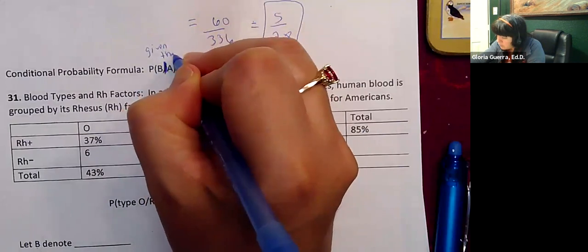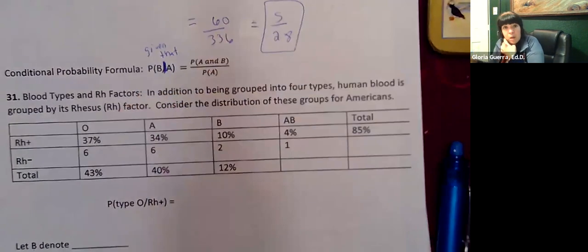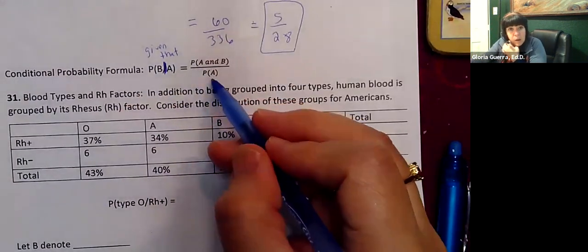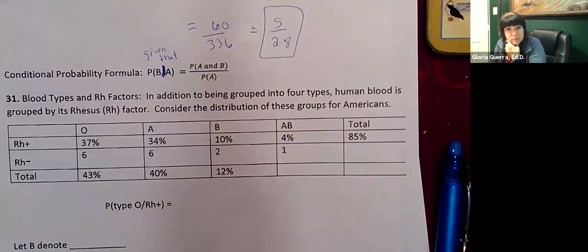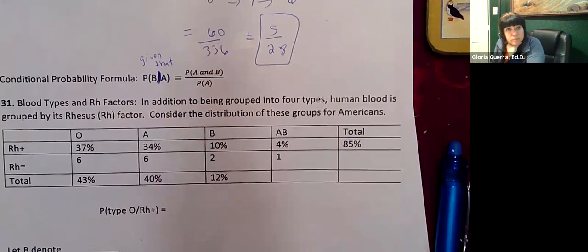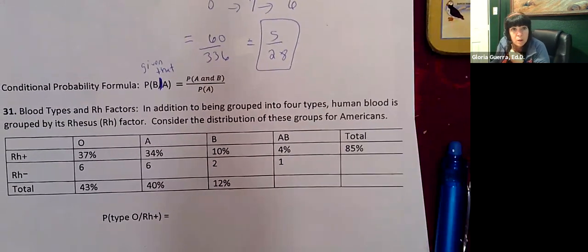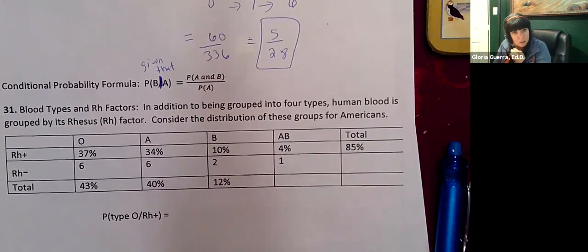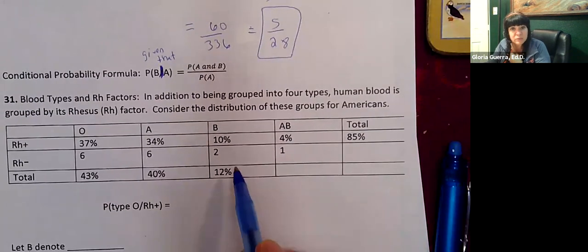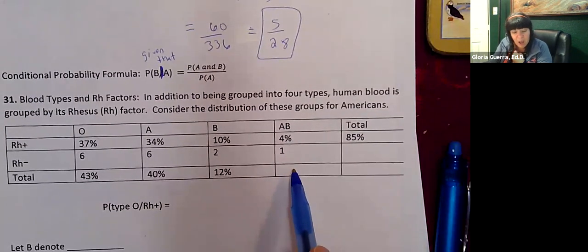This means given that. And again, remember how these match. We've got these blood types, okay? And there's some blanks. We need some blanks filled in.